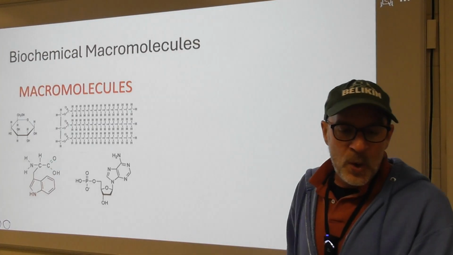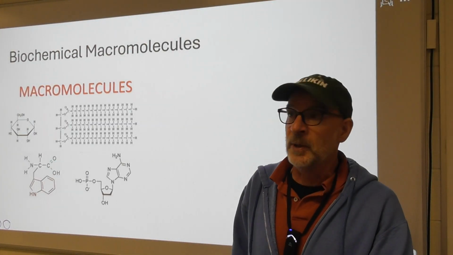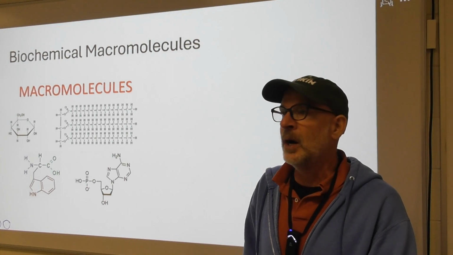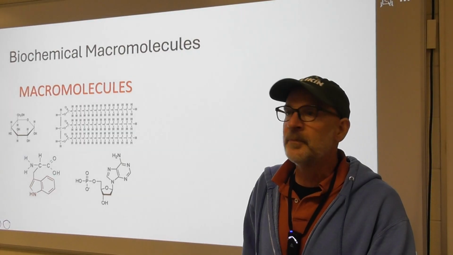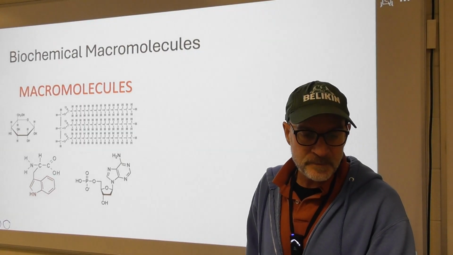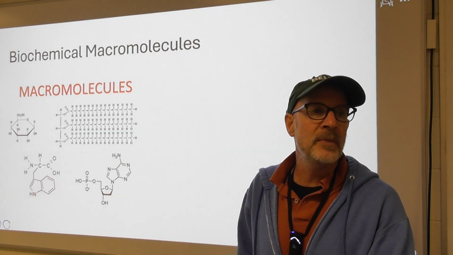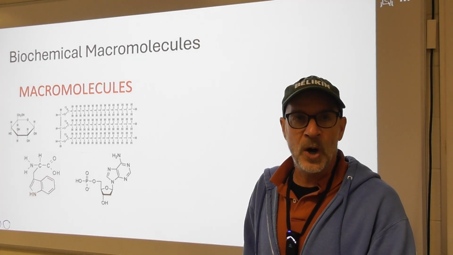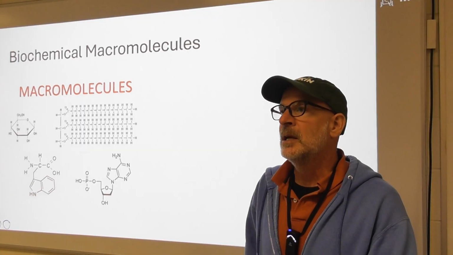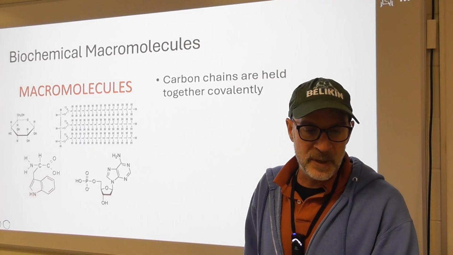And then when we start next week, we're going to start talking about the main biochemical macromolecules. But as a sneak preview, we get these macromolecules when we hook together carbons in a variety of ways with a variety of other elements.